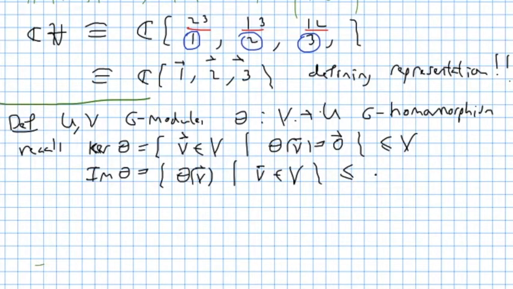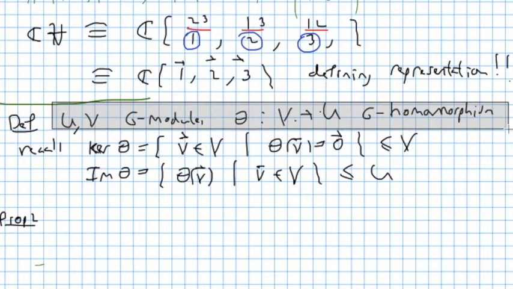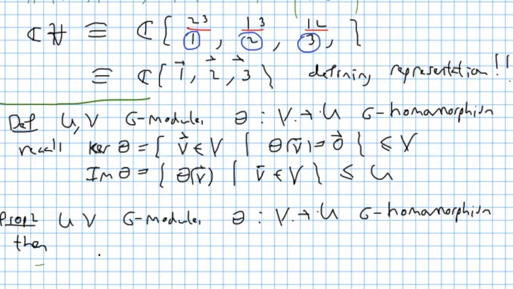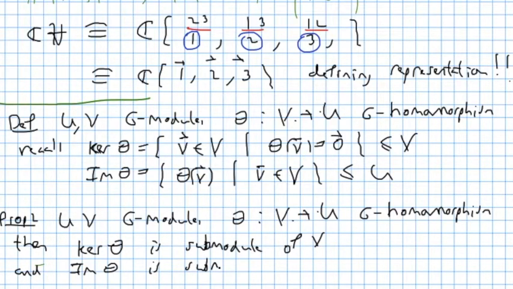Okay, and this is a subgroup of U. Okay, so if you have a G module and you have a G homomorphism, then the kernel of theta is a submodule of V, and the image of theta is a submodule of U. Okay, so if we have a G homomorphism, we obtain two submodules: the kernel, which is a submodule of V, and the image, which is a submodule of U.